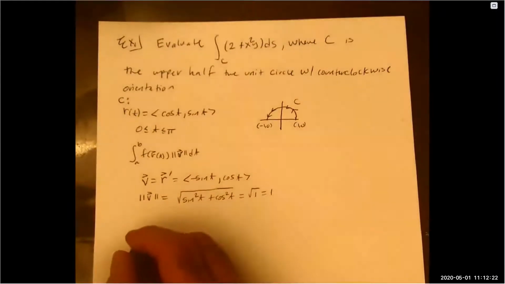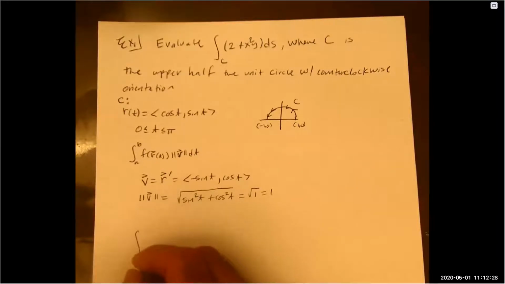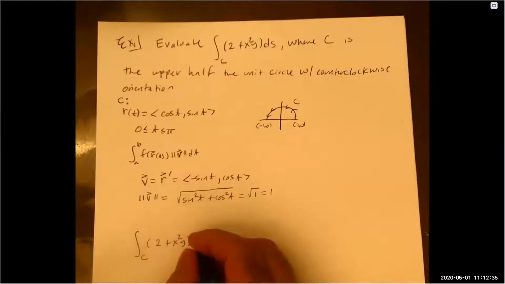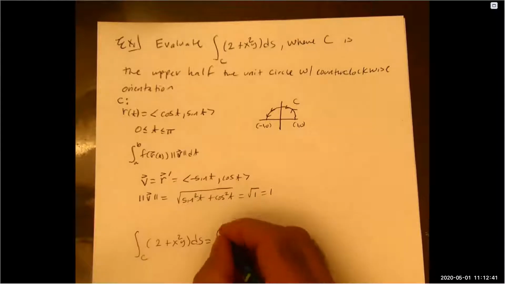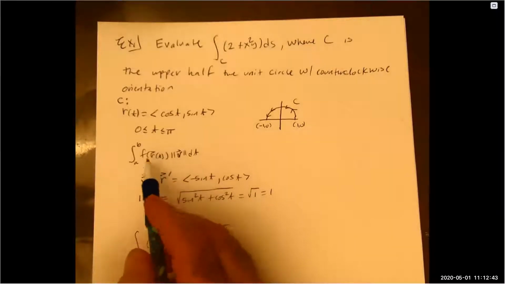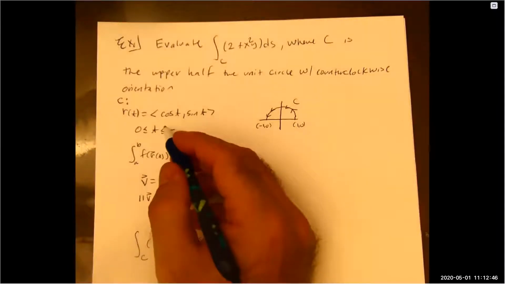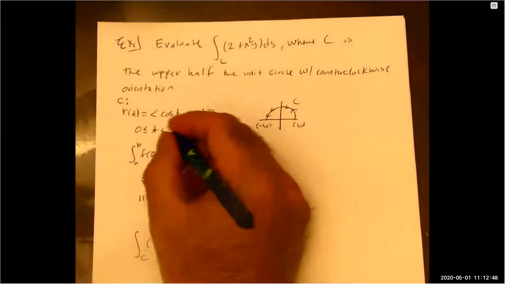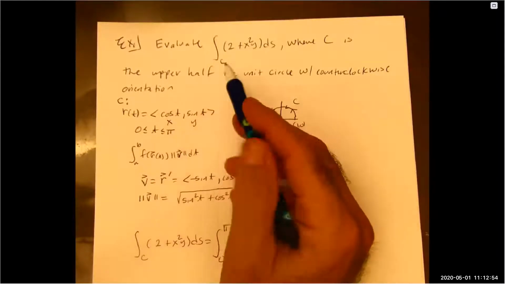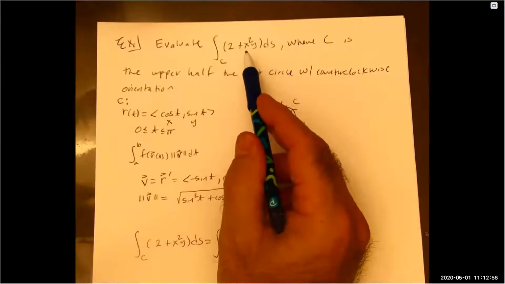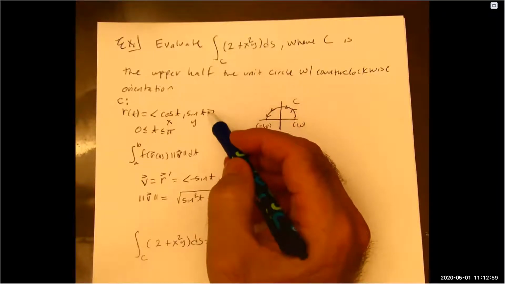All right, so in this case, we're going to have the integral over C of 2 plus x squared y ds. It's going to be the integral from 0 to pi. And then for f of r of t, we replace x with cosine and y with sine.